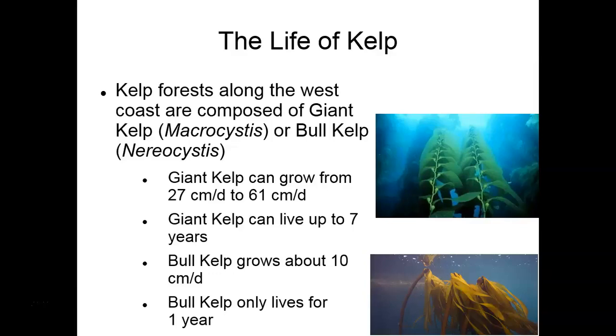The giant kelp can live up to 7 years, and so they can often get to about 30 meters or 100 feet in length. So these can grow very, very tall and very long. The bull kelp grows about 10 centimeters per day, but it generally only lives for 1 year, and then it grows back the following year.